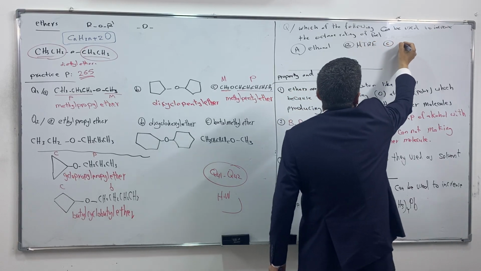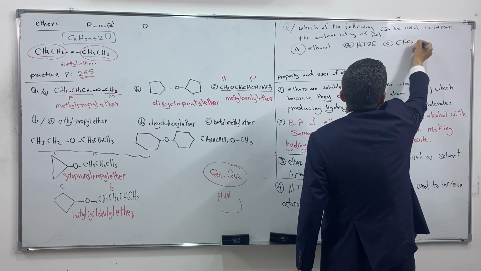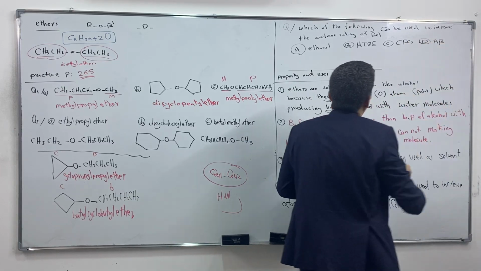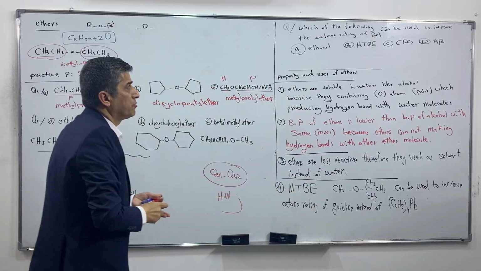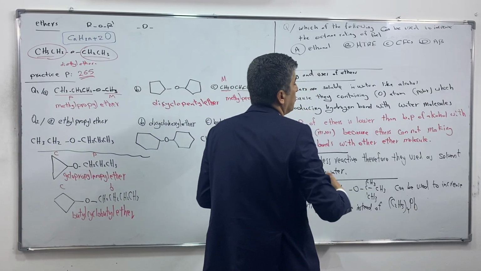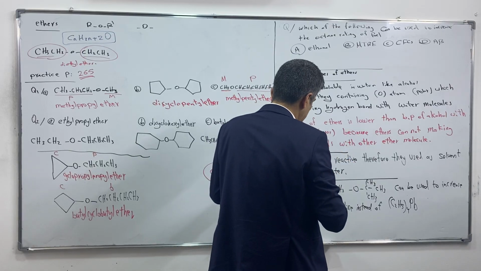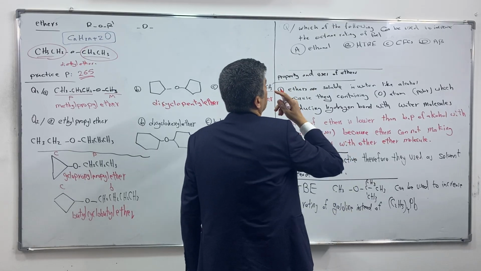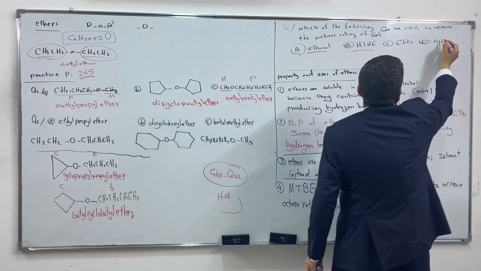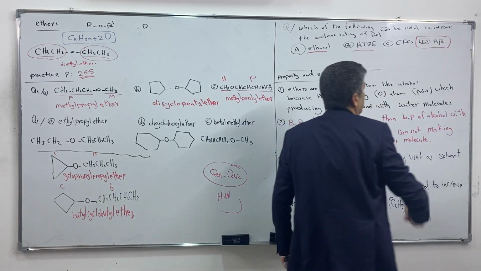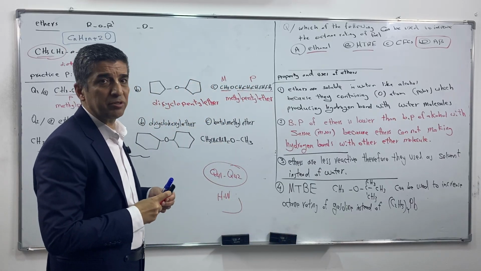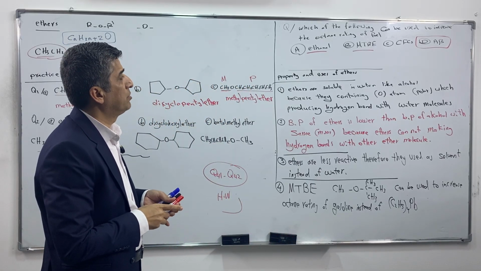C, we have CFC. D, A and B. In this question, we have two substances that can be used as octane rating enhancers for fuels, ethanol and also MTBE. So the answer will be A and B together.